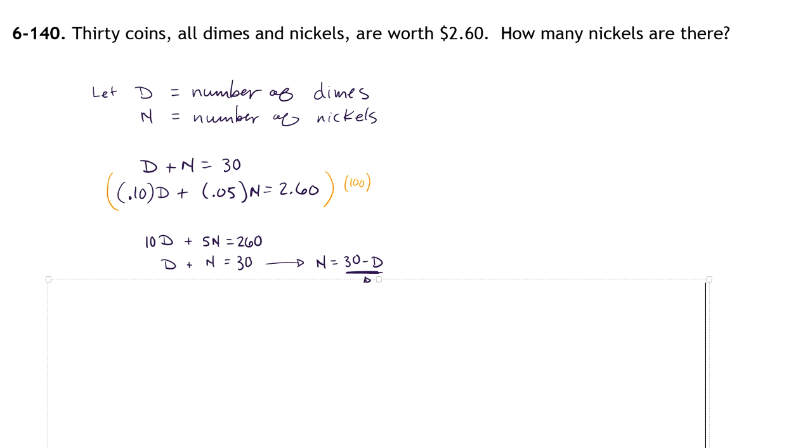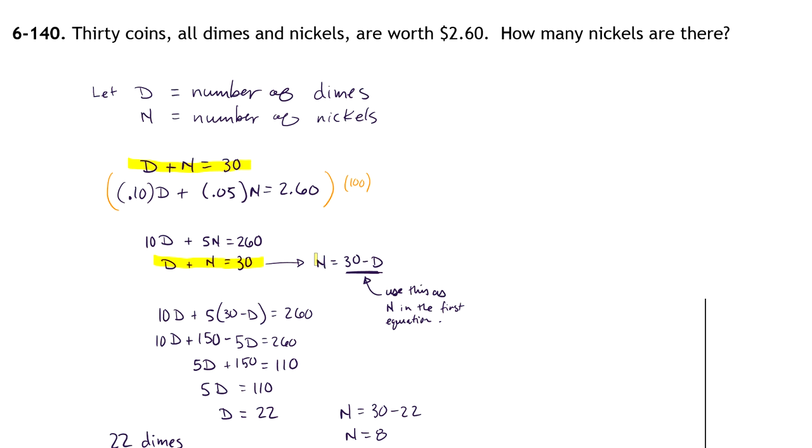I'm solving this one by substitution, and you can see that I rewrote the first equation in terms of N. I got N by itself, so it became N equals 30 minus D. Now, that is a perfectly valid substitution for what N is.